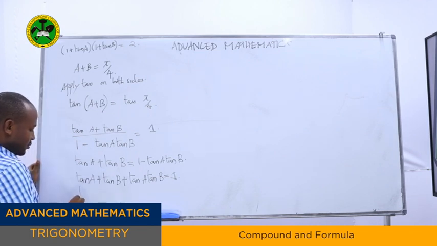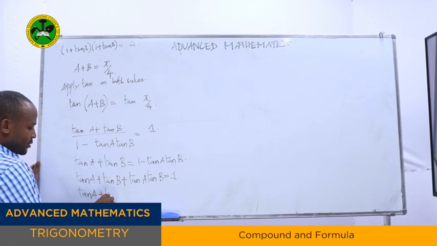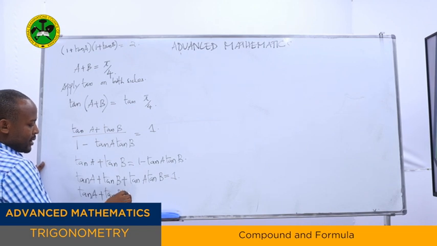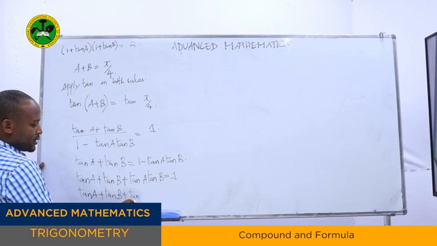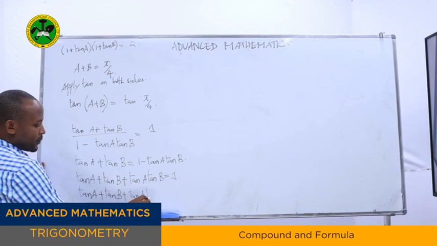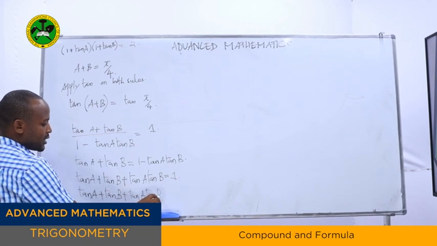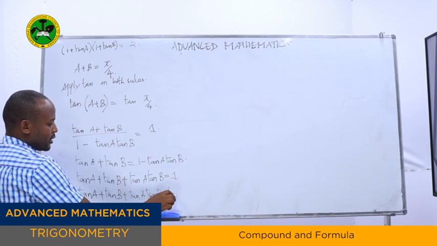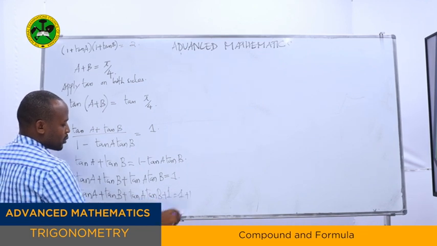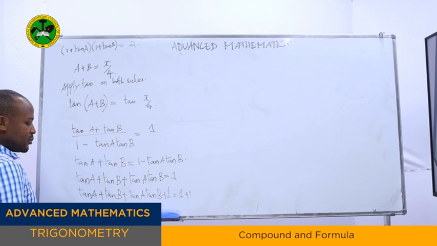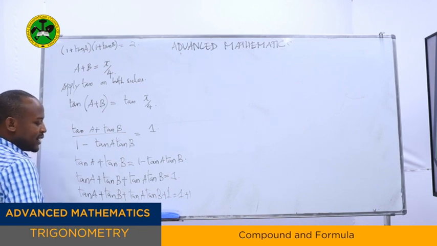So it will be tan of a plus tan of b plus tan of a tan b plus 1 is equal to 1 plus 1. It's a good practice to do that. Or sometimes you can write like this.